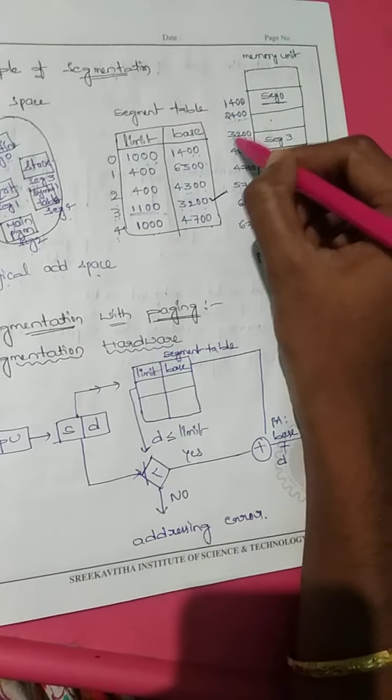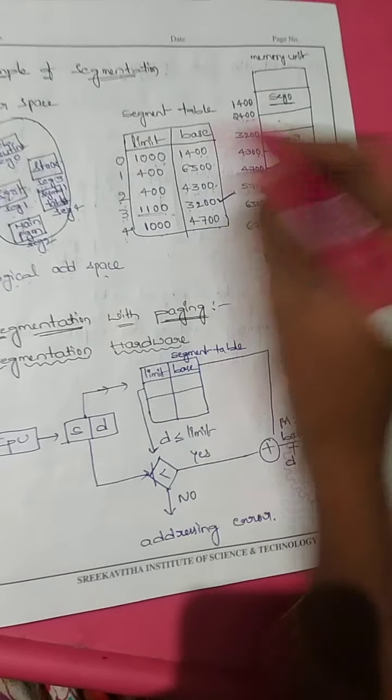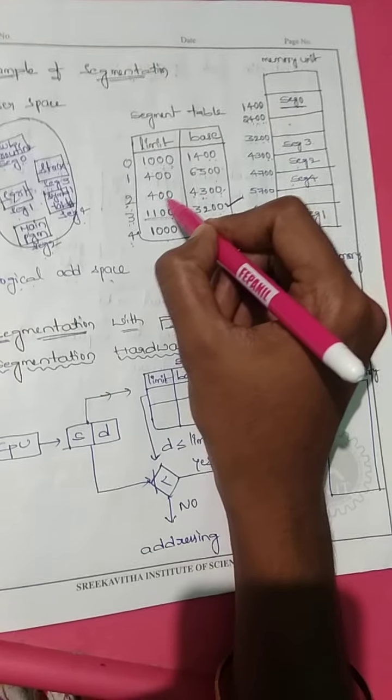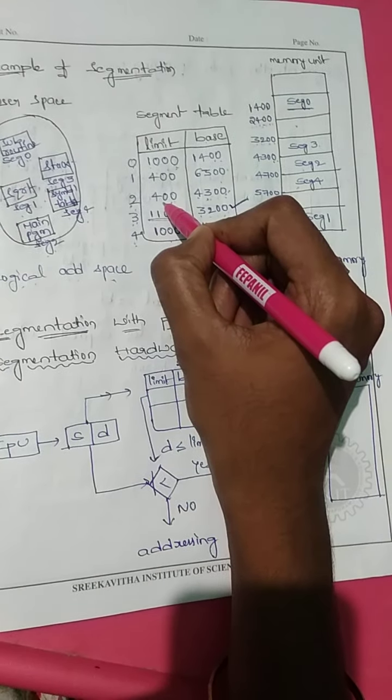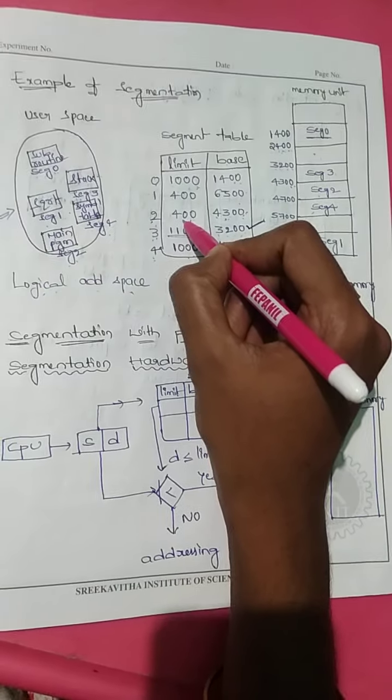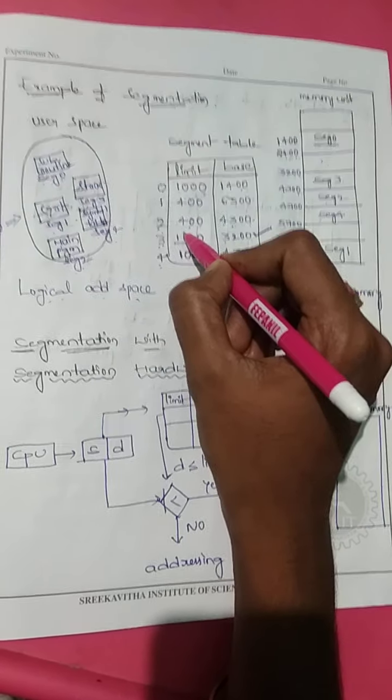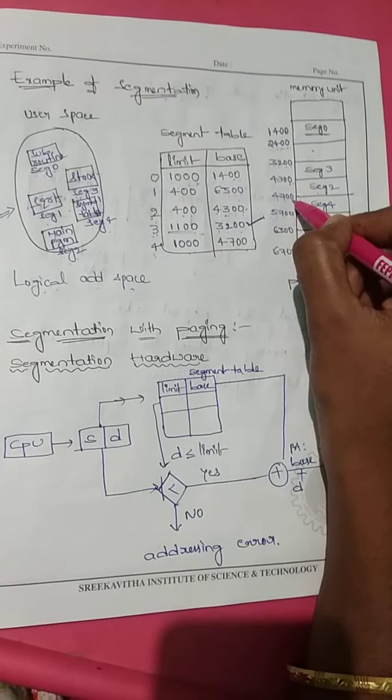Next, what is the next base address we are having? 4300 for segment 2. 4300 plus limit, limit meaning the length of the segment, gives 4700.